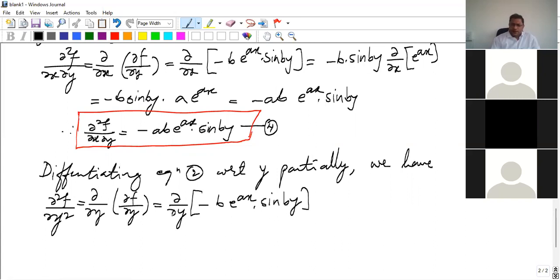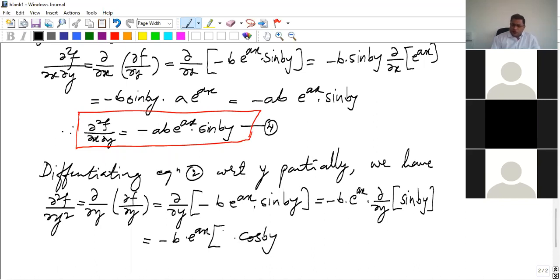When we are finding the derivative with respect to y, x is treated as a constant, and we know a and b are constants. So this is minus b e raised to ax, and we have ∂/∂y of sine of by, which is cos by into b. Are you getting this term? Yes, sir. Okay, so we can write this as minus b square e raised to ax into cos of by.